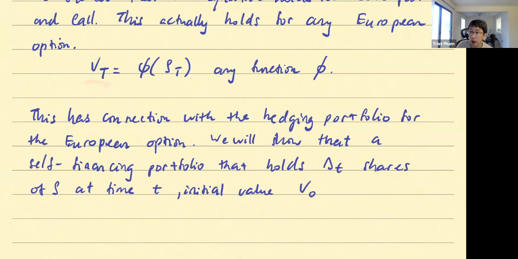So starting out, you as the option seller receive V0 from the option buyer. You will go ahead and invest delta 0 into the stock market, and the rest you deposit in the savings account, or the money market account, and you keep on doing that for each time moment.